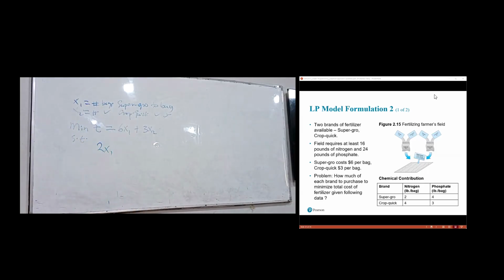Look at it from here. 2x1 plus 4x2 is greater than or equal to 16. Then the phosphate one will be what? 4x1 plus 3x2 is greater than or equal to what? 24. Are we together?